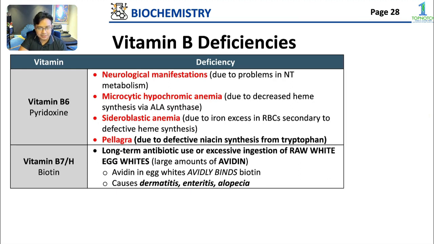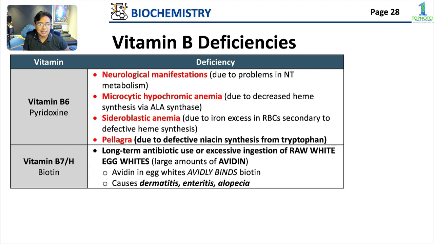Now, vitamin B6 is expected to have problems concerning amino acids. You can have neuro problems, manifesting as seizures due to imbalance in the neurotransmitters, which are mostly amino acids. You can have anemia.